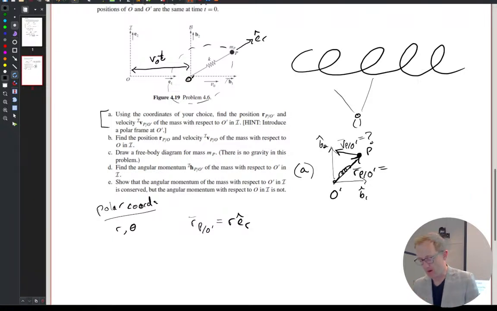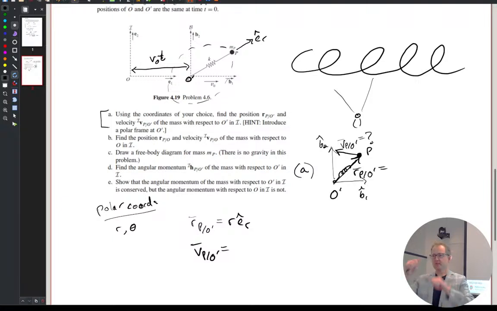If that's our position, what is velocity? Where is this thing going? Once you're in a polar coordinate system, the definitions for position, velocity and acceleration are always the same, so we can look it up.